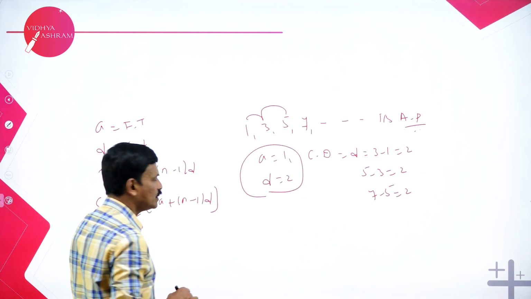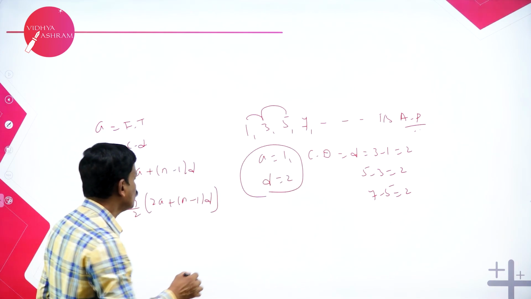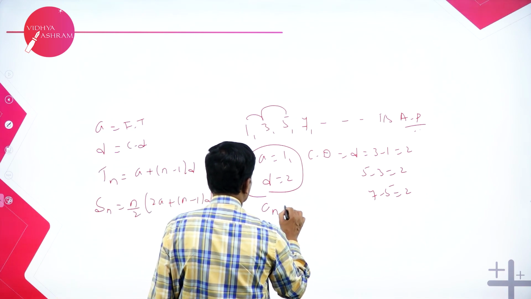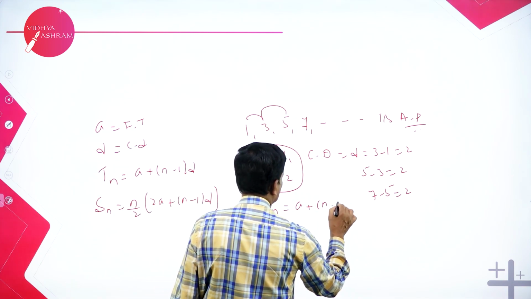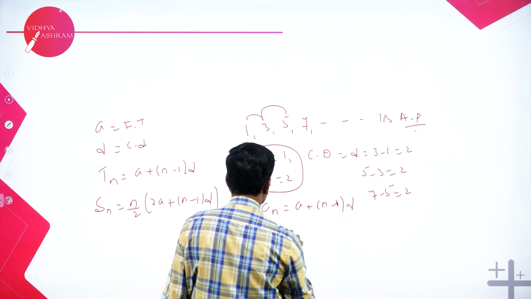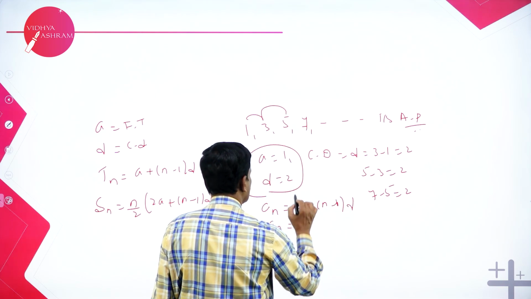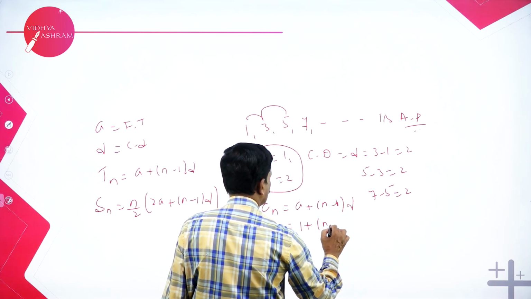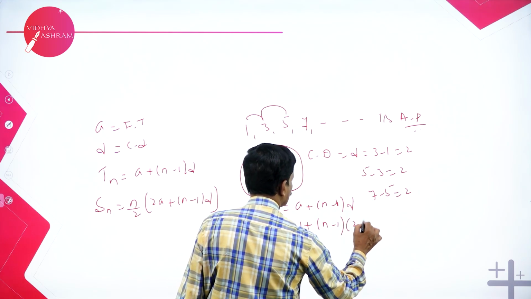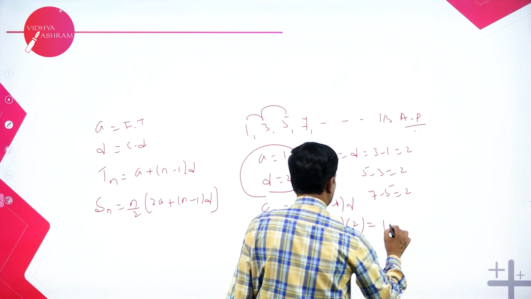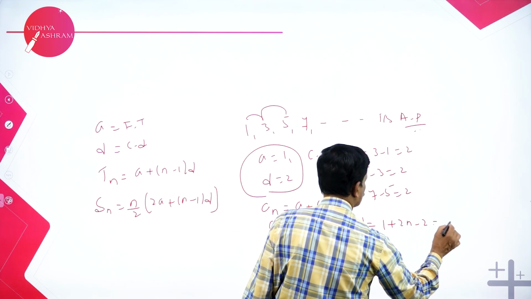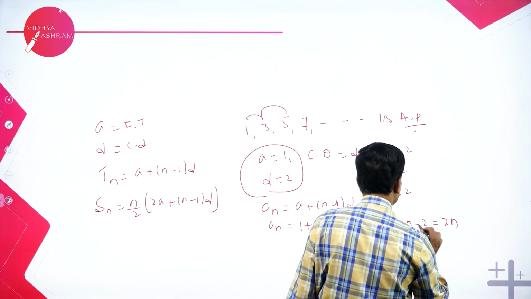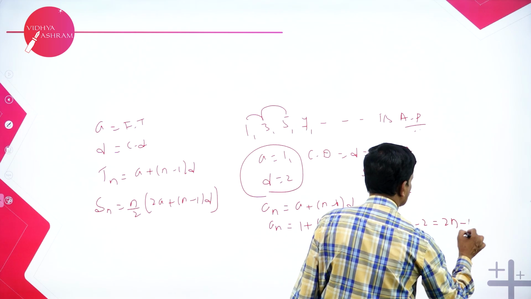Suppose you want to find the nth term. An is equal to A plus n minus 1 into D. A is 1, and D is 2. Simplify this. 1 plus 2n minus 2 is equal to 2n minus 1.